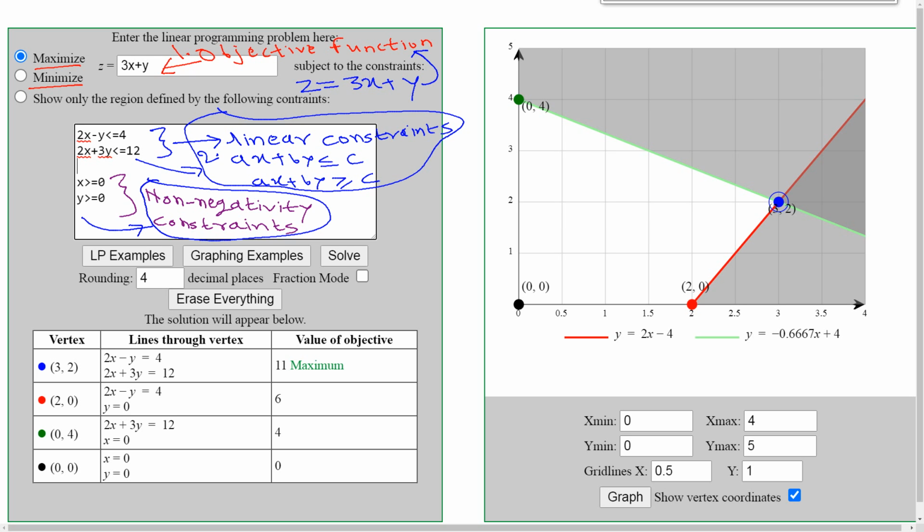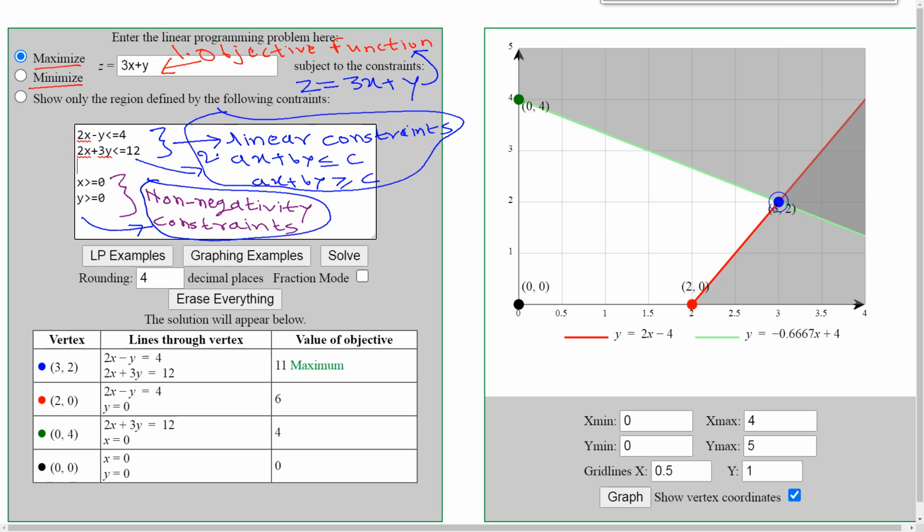Let me revise this once again, because it is important to understand the structure of a linear programming problem. The problem is to maximize or minimize the objective function.